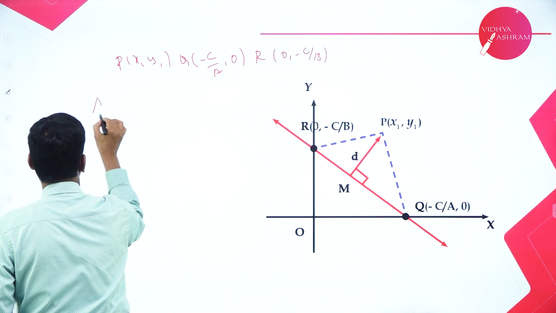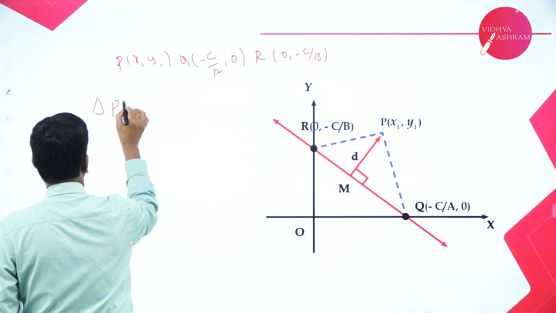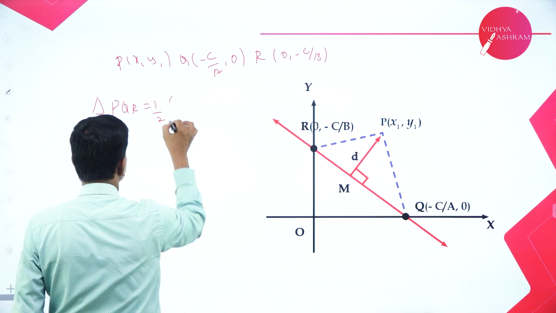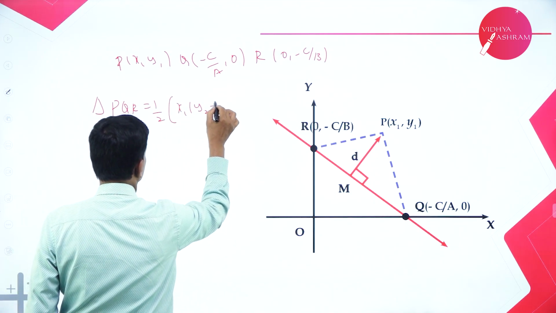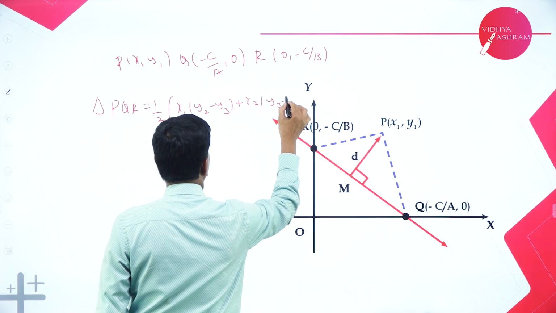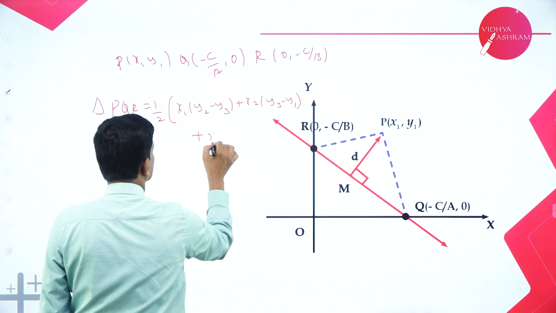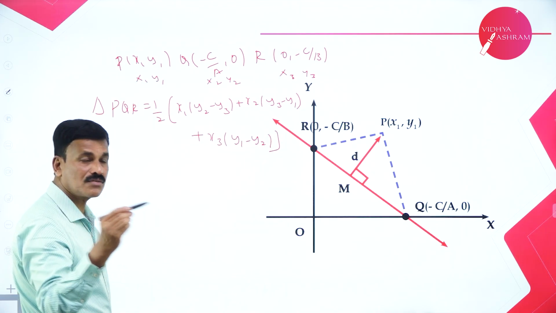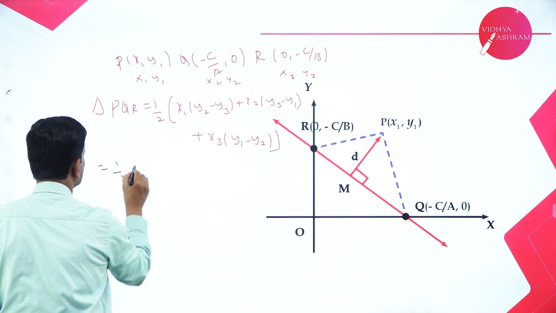Now, therefore, area of triangle PQR is equal to, what is the formula? Half into x1 into (y2 minus y3) plus x2 into (y3 minus y1) plus x3 into (y1 minus y2). Just substitute the values.